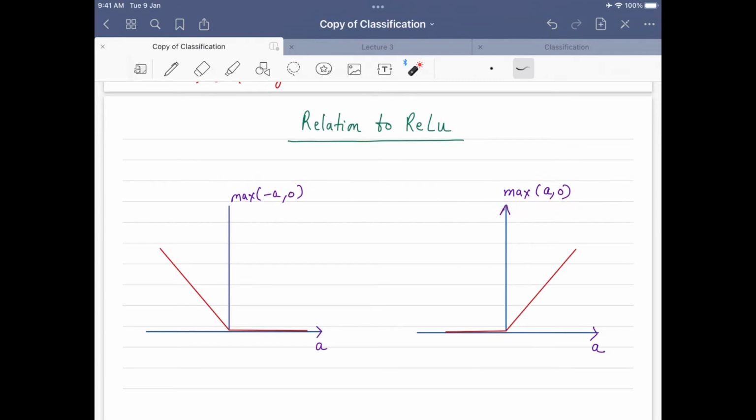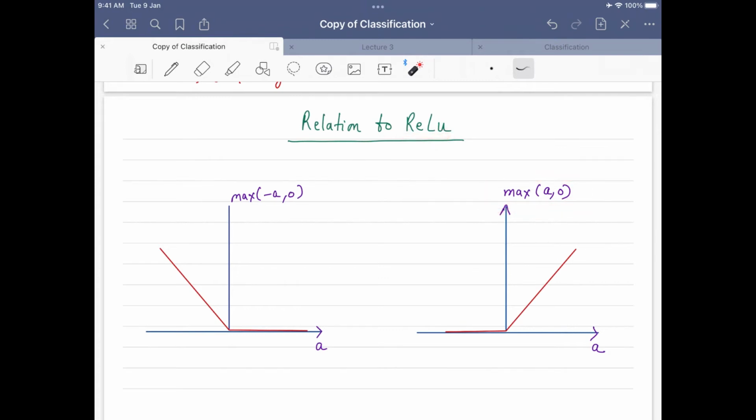So here you can see we have max of a comma 0. ReLU is another unit which is normally used in deep learning architectures. I am not going there; if you want, you can study it from the books, but ReLU is defined by this mathematical expression, which is max of a comma 0.